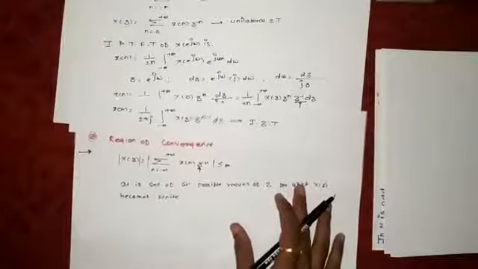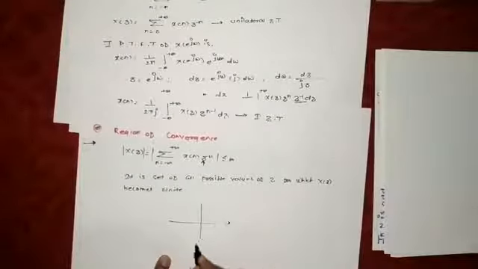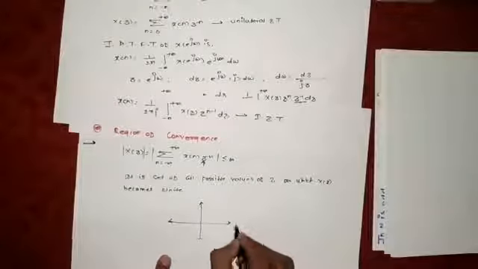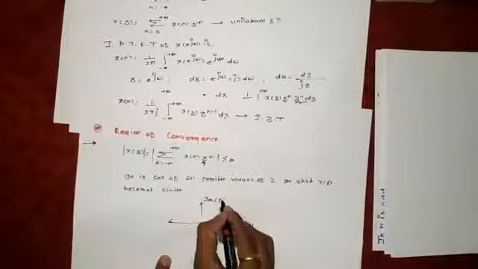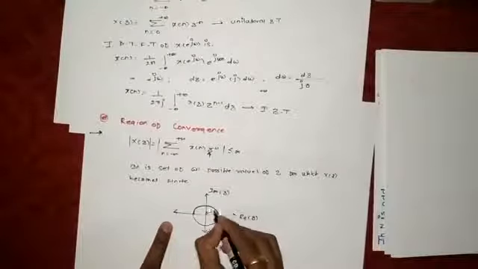In this way every time we can draw the region of convergence by considering a typical radius of 1. So this is our real axis, and here we'll write the imaginary axis, and this is the circle whose radius we consider as r equals 1.